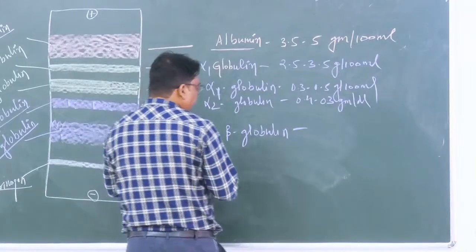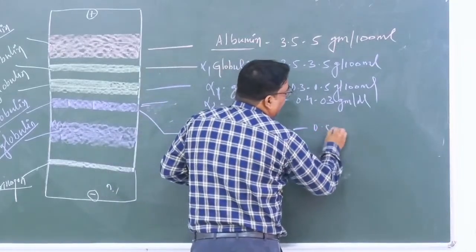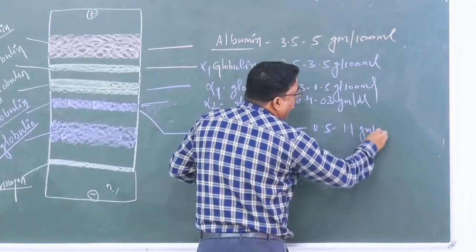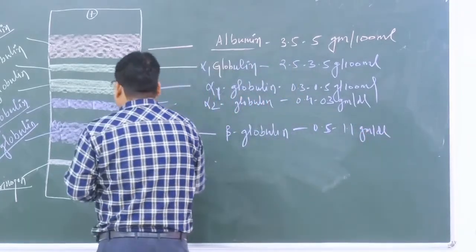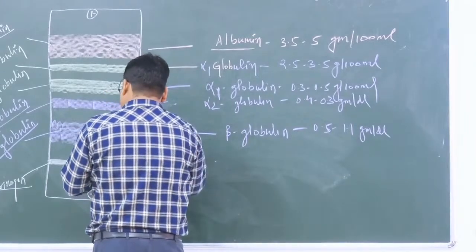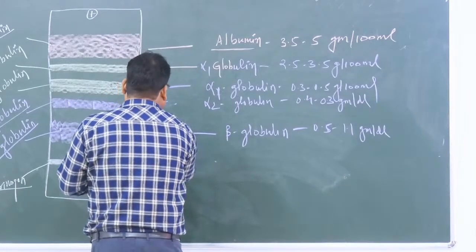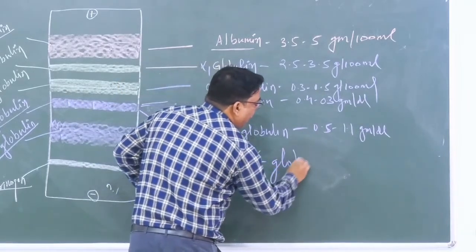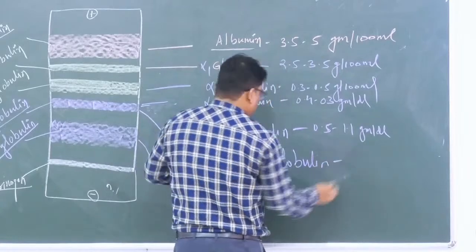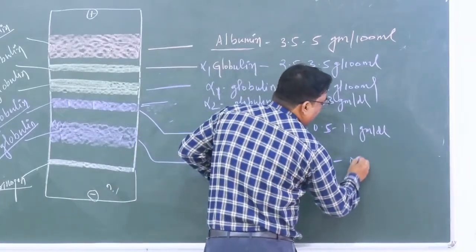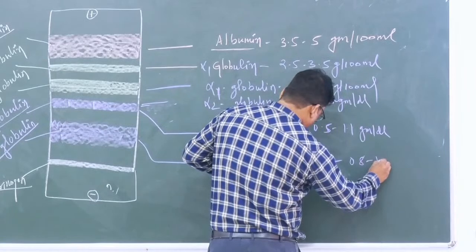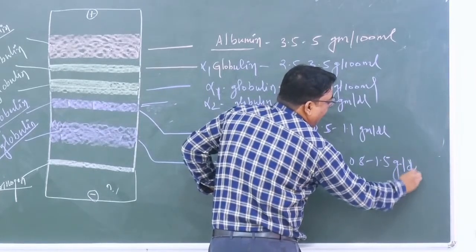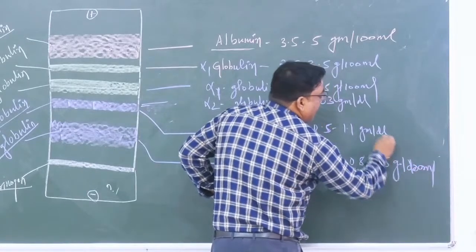Now beta globulin, it is 0.5 to 1.1 gram per dl. Gamma globulin, 0.8 per 100 ml.